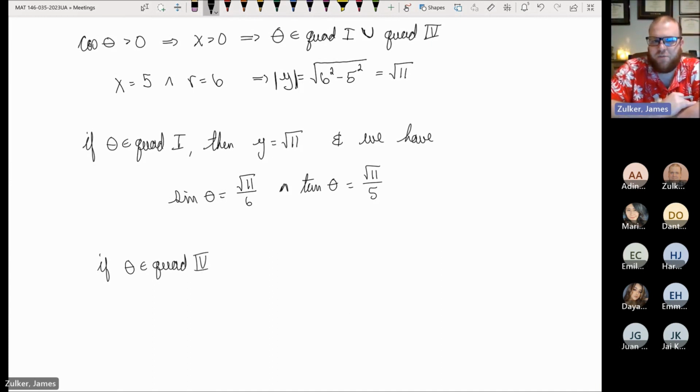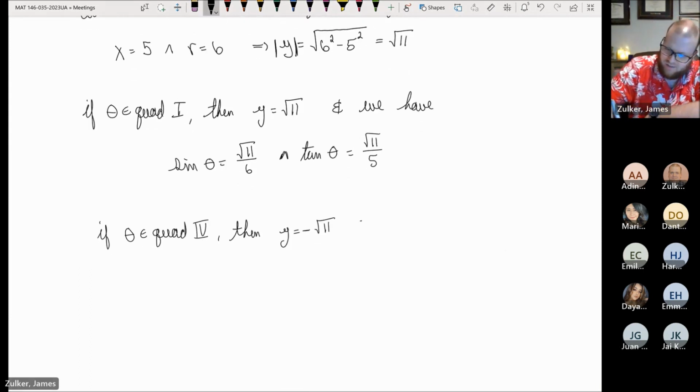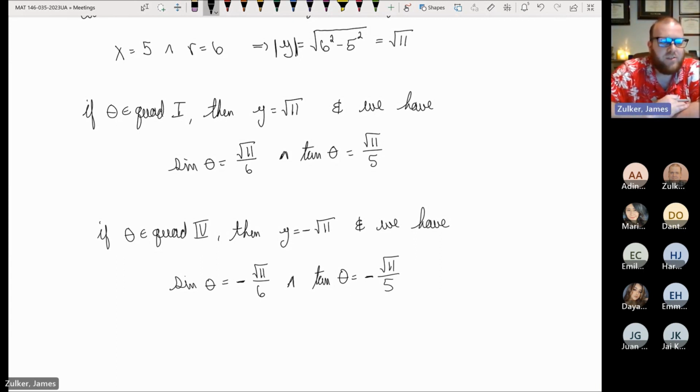If instead we're in quadrant 4, then y is negative square root of 11. Right? And we have that sine of theta is negative root 11 over 6, and tangent of theta is negative root 11 over 5.